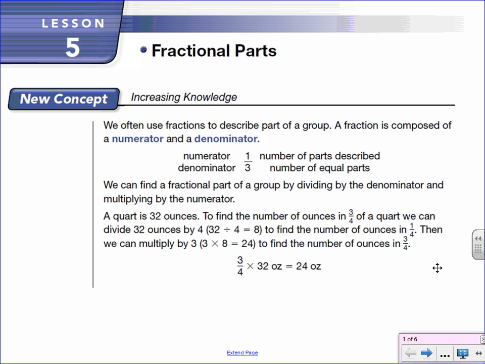So once you have 1/4, you can multiply by 3 to get how many is in 3/4. So 3/4 times 32 ounces then is 24 ounces, because 32 divided by 4 is 8, and 8 times 3 is 24.